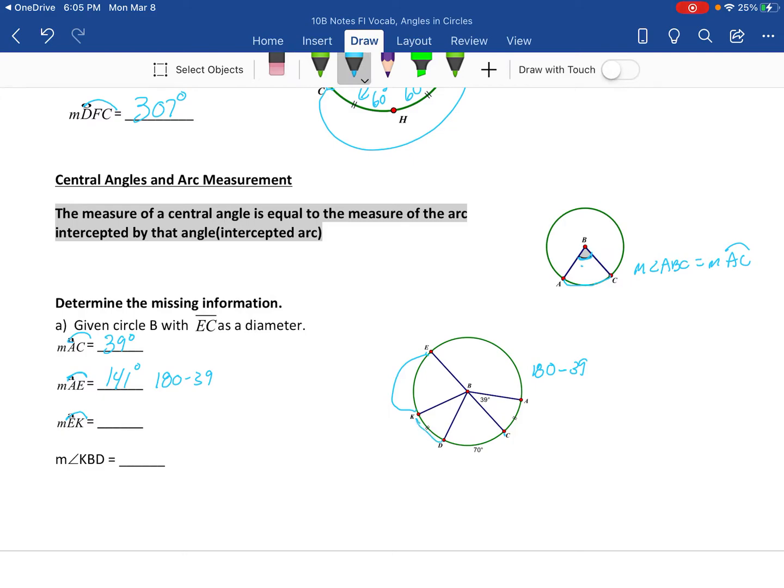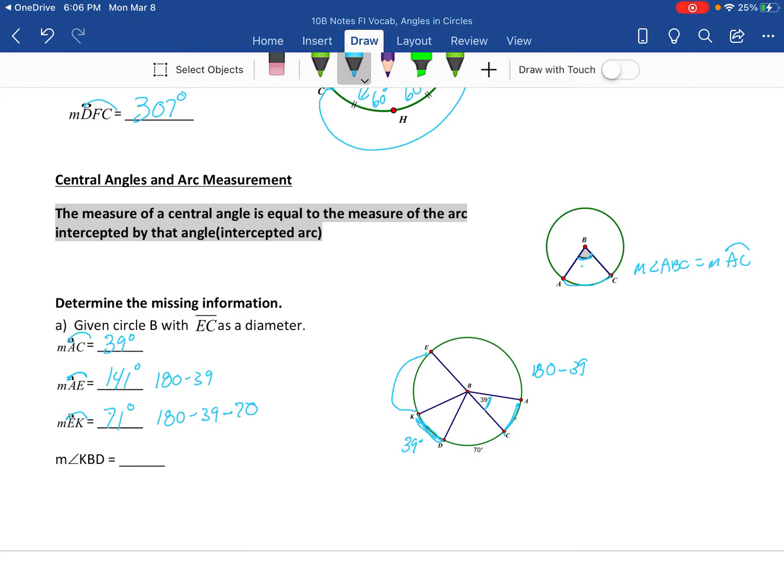We don't know this part right here, except for the fact that we know this angle right here is 39, this arc is 39, so this arc has to be 39. And so that's just going to be 180 minus 39 minus 70, which is 71 degrees.